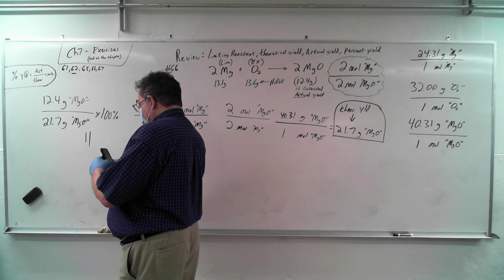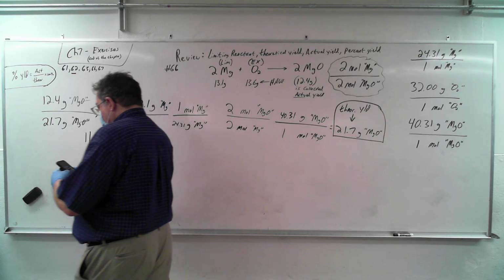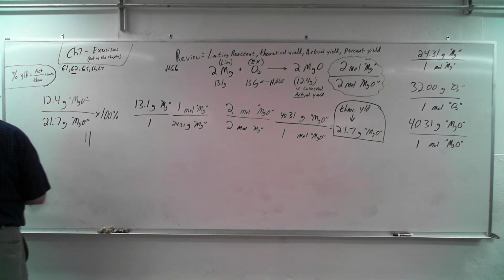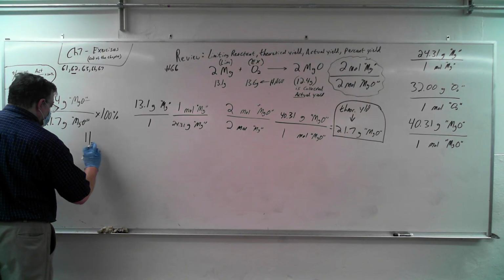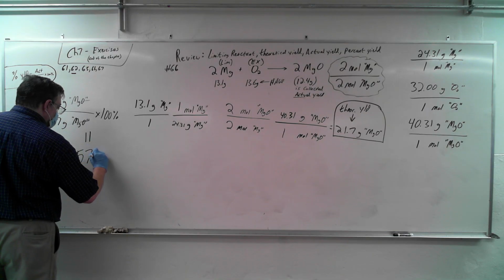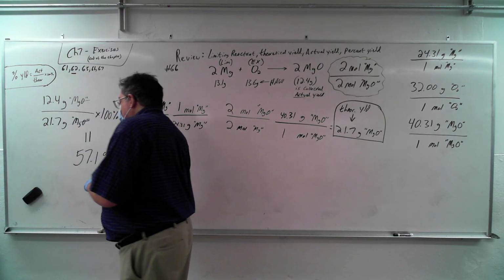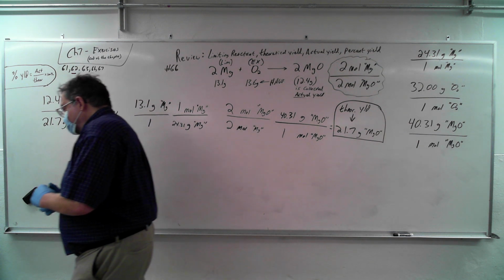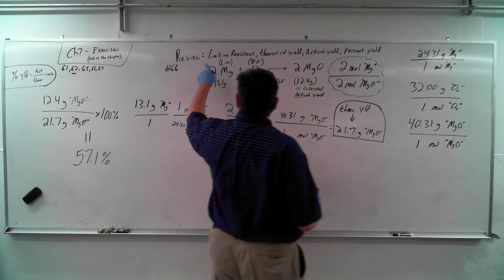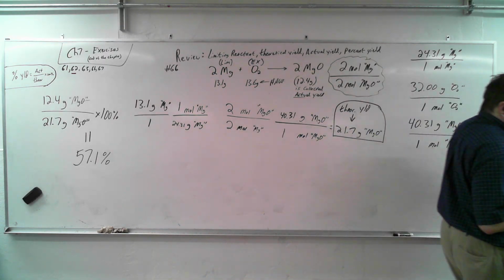12.4 divided by 21.7 times 100. Three significant figures. So this comes down to 57.1%. So again, it's finding the limiting reactant and finding the theoretical yield.